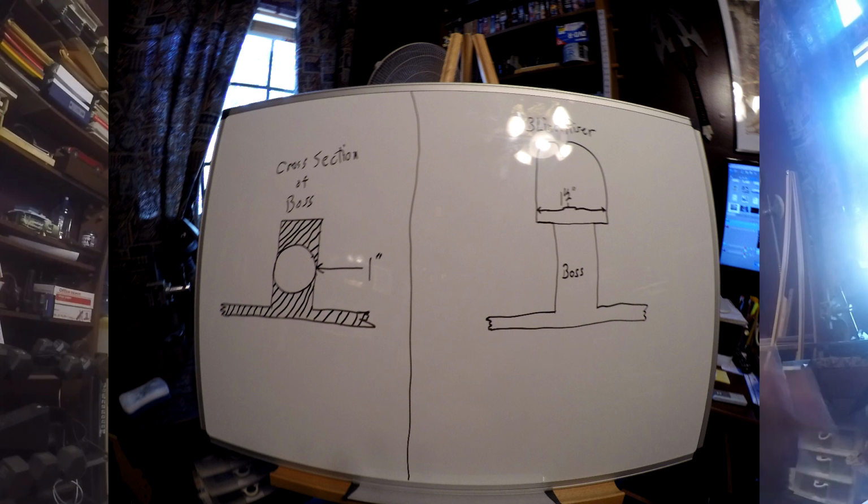Now we know how to make the diameter of the riser. It says here a height of 1.5 times the diameter of the riser should give maximum effectiveness to the riser. To summarize, find out what your cross-sectional thickness is, make the diameter of the riser 1.5 times that, make the height of the riser at least 1.5 times that, and you'll have the size of the riser you need.